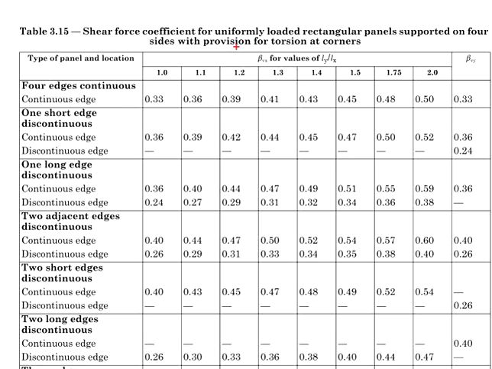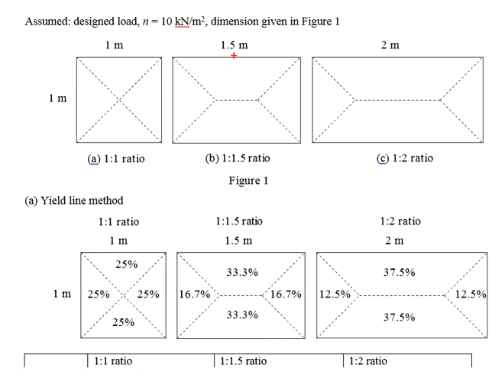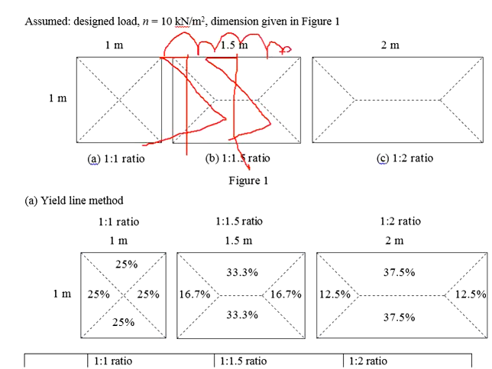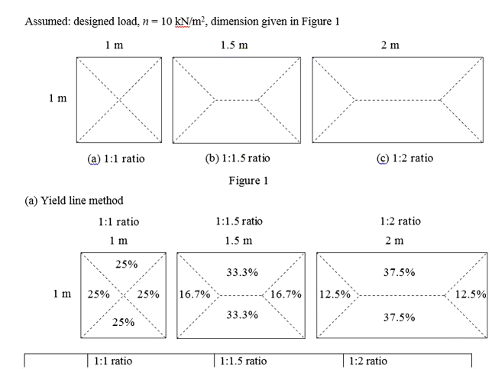The shear coefficient beta Vx is referring to the shorter span, which is this span, assuming the shear force diagram looks something like this. Imagine that the same shear force diagram should go throughout the span here. It will end up to be a UDL acting onto the beam.